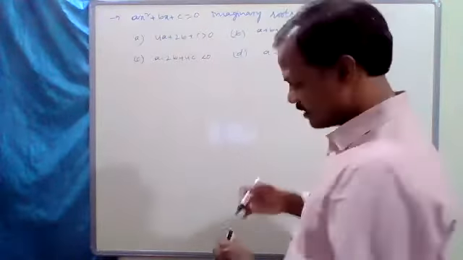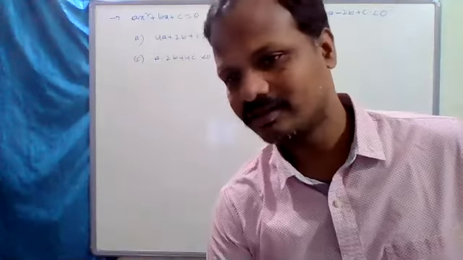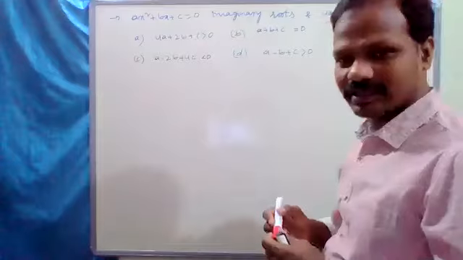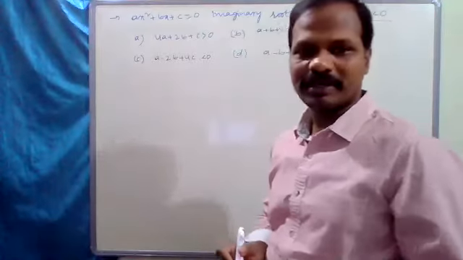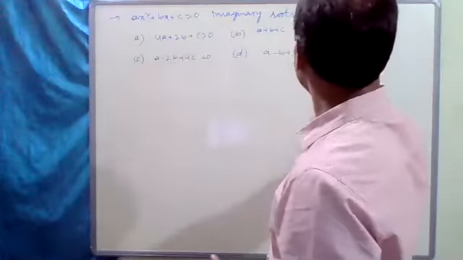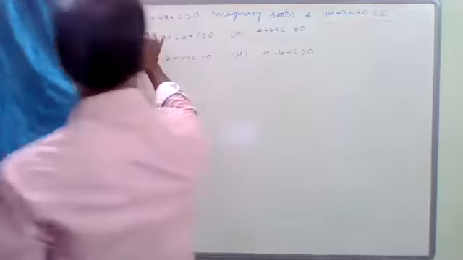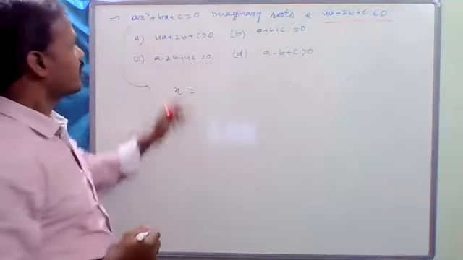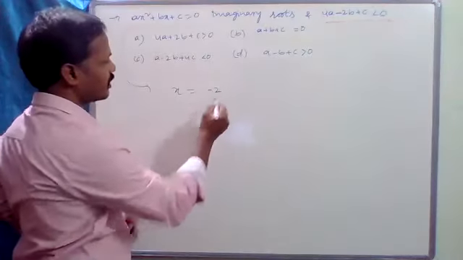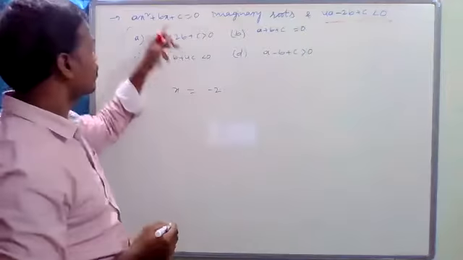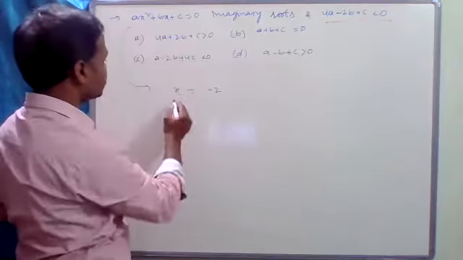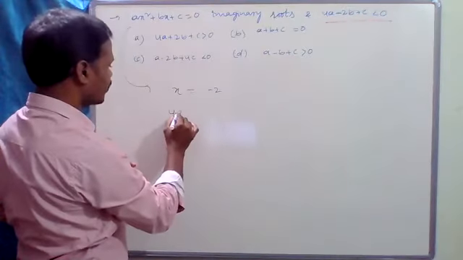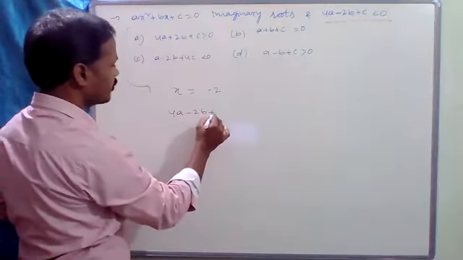See, what is the condition given here? The condition is 4a minus 2b plus c. When you substitute x equal to minus 2 in this expression, you get 4a minus 2b plus c.